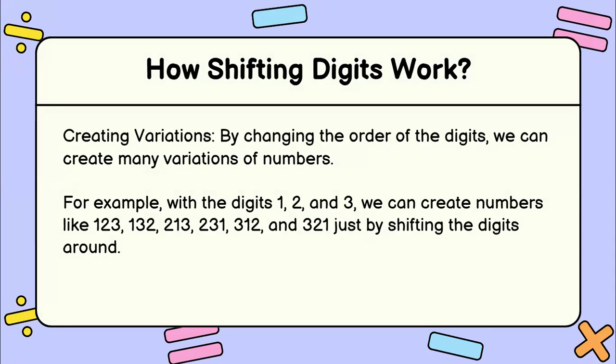So let's create some numbers like 123. What about 132, 213, 231, 312, and 321. We get this just by shifting numbers. See, we have so many different combinations, right?